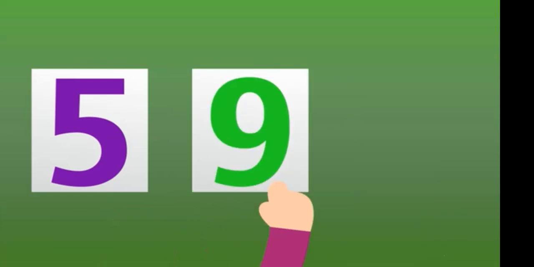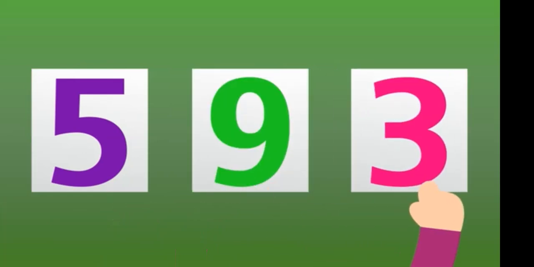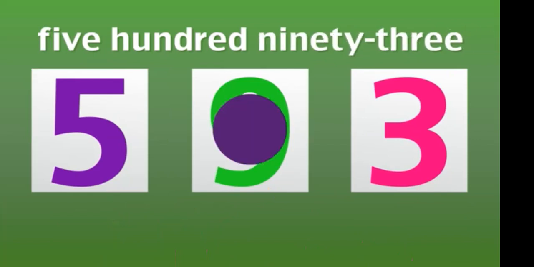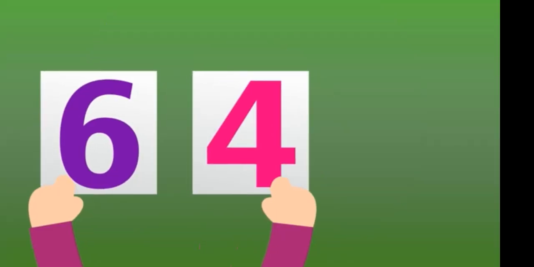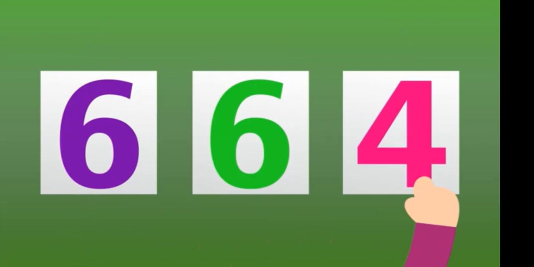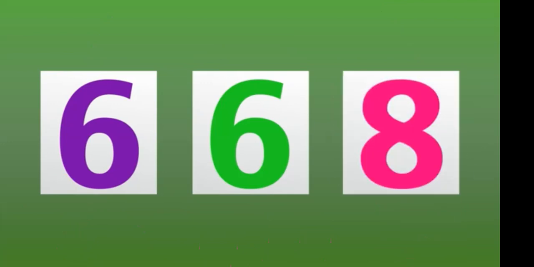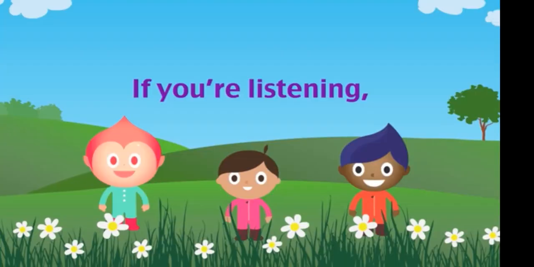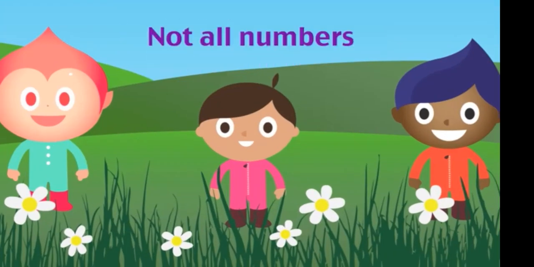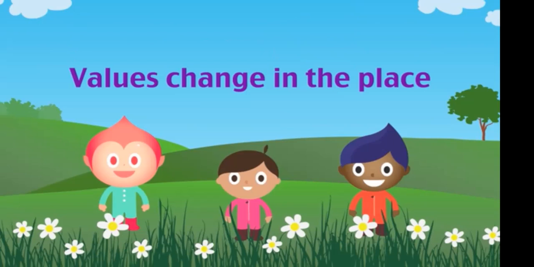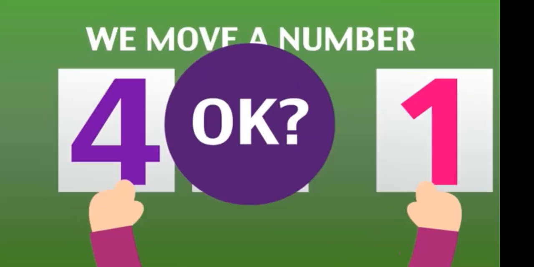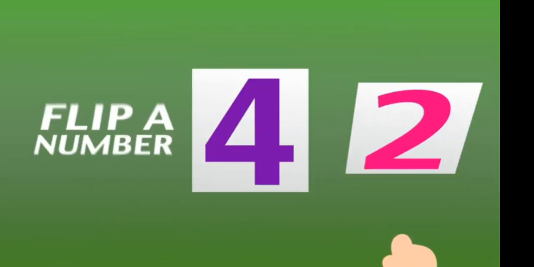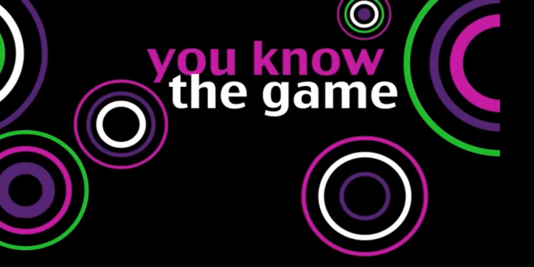You could have a 5 in the hundreds place, and a 9 in the tens place, and a 3 in the ones place. That's 593. You could have a 6 in the hundreds place, and a 6 in the tens place, and an 8 in the ones place. That's 668. If you're listening, you know the game.